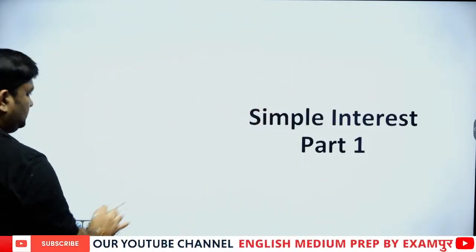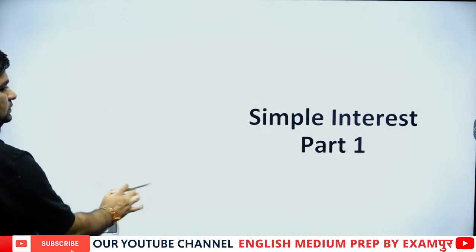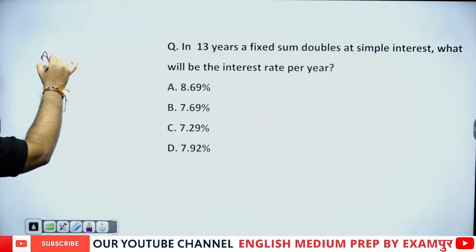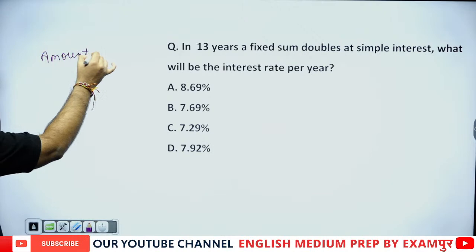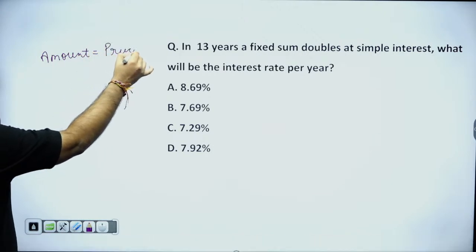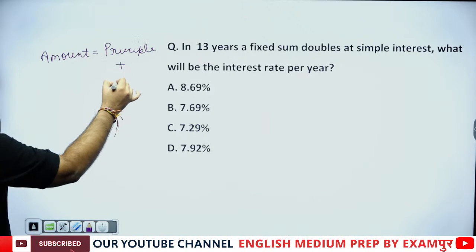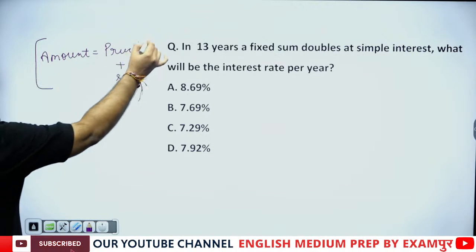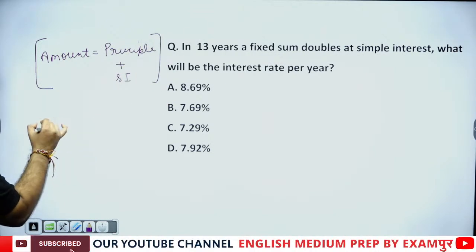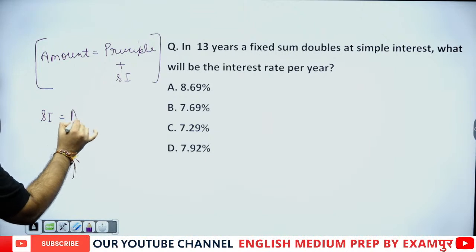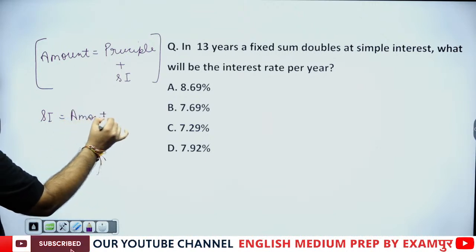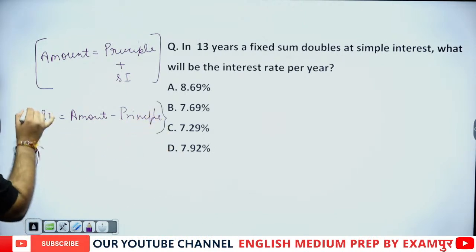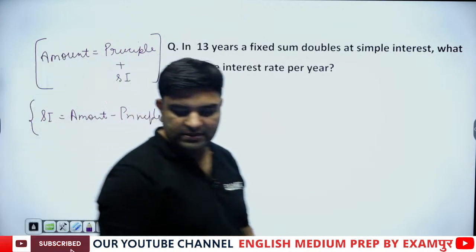Amount is equal to principal plus simple interest. Or you can say simple interest is equal to amount minus principal. The difference of amount and principal can also be termed as simple interest.